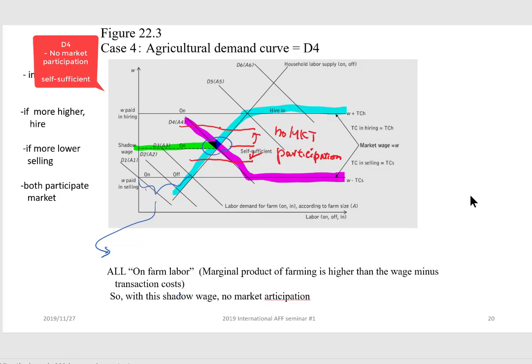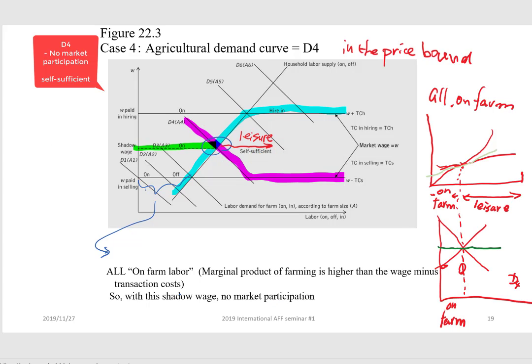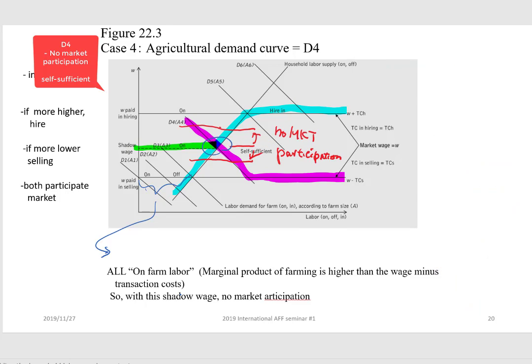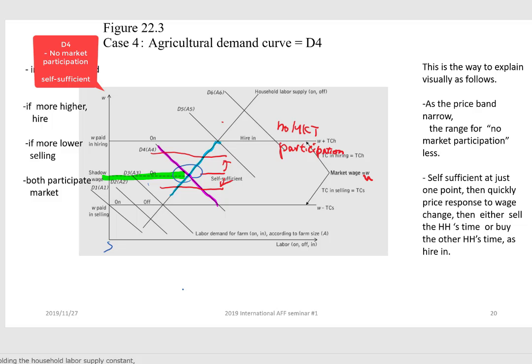Now let's move on to D4. Regarding the D4 type household, there is one more important point associated with this price bound.